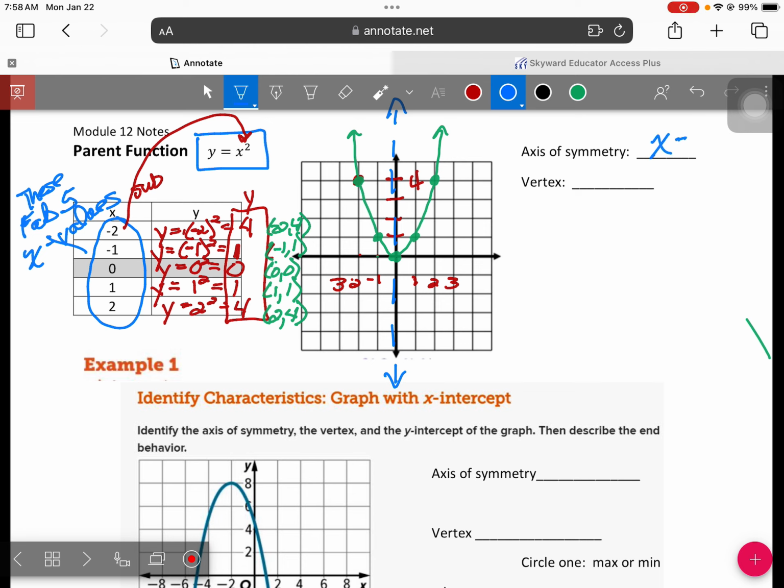If it's the y-axis, everything that is an x is a 0. So you can say this is the y-axis. And my vertex, is it a maximum or a minimum? It's a minimum. It's at the bottom. And what is that vertex? 0, 0, the origin. Okay?